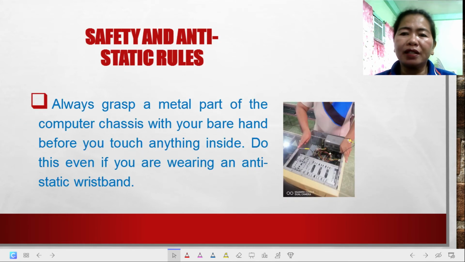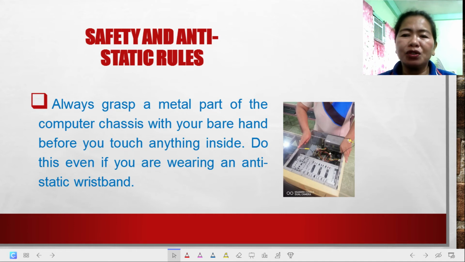Next, always grasp a metal part of the computer chassis with your bare hand before you touch anything inside. Do this even if you're wearing an anti-static wristband. The illustration that I have included again is my picture using the anti-static wrist strap, attached to the metallic part of the system case, while I am also grasping the metallic part of the computer chassis.